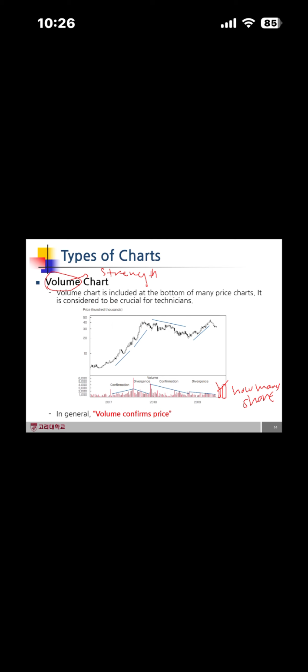So technical analysts often interpret volume as a measure of market participation, which can indicate the strength of a market or that trend, the price trend.